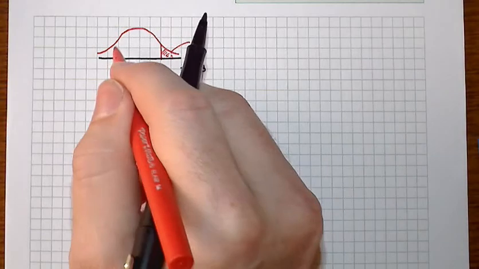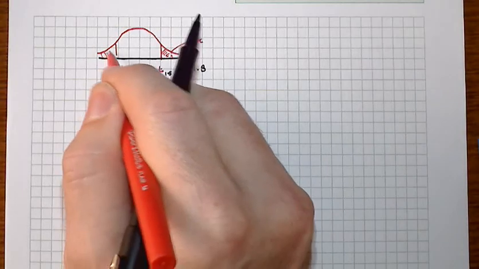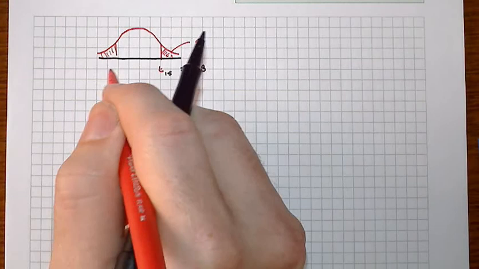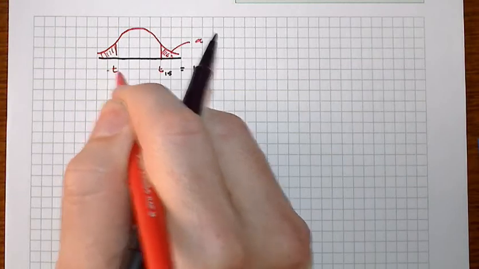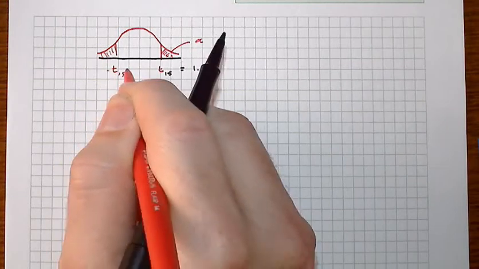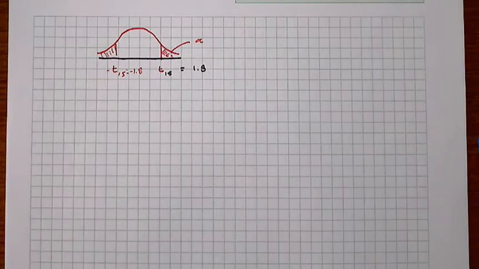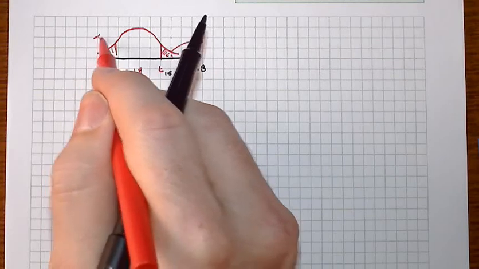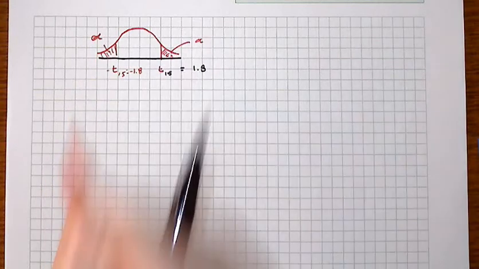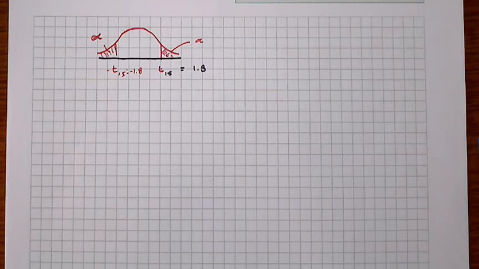So all we really have to remember is that this is symmetric. And so we just want the one-sided one, and effectively here we're getting the p-value.